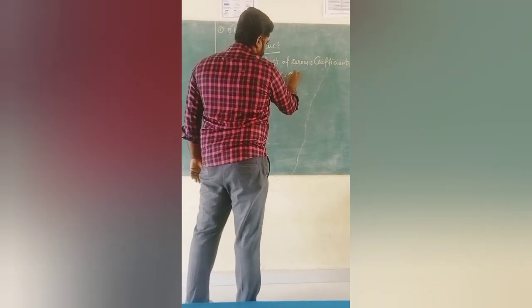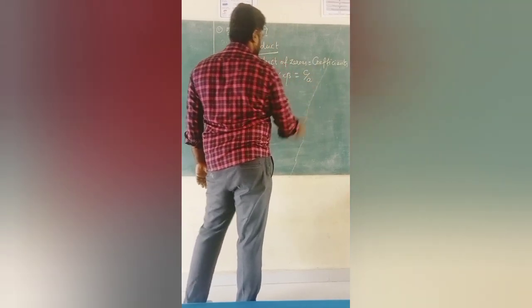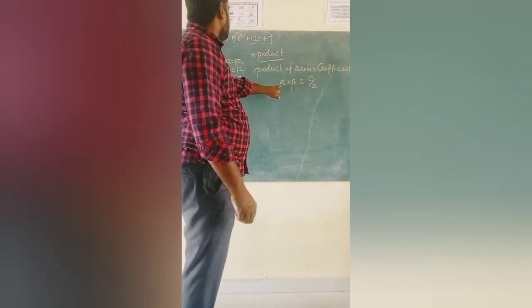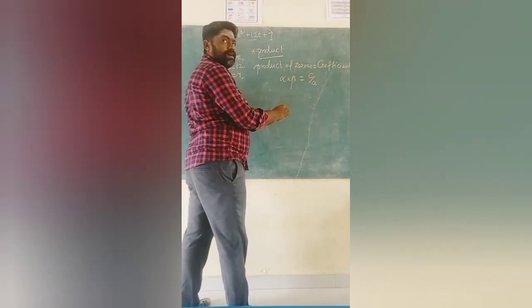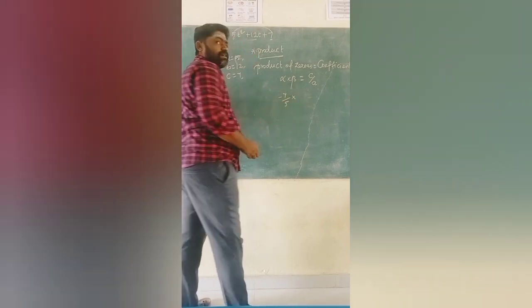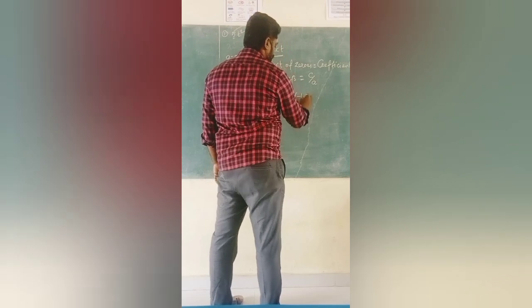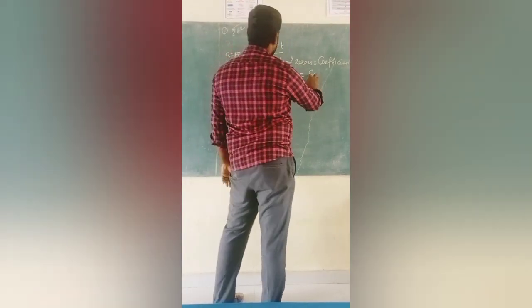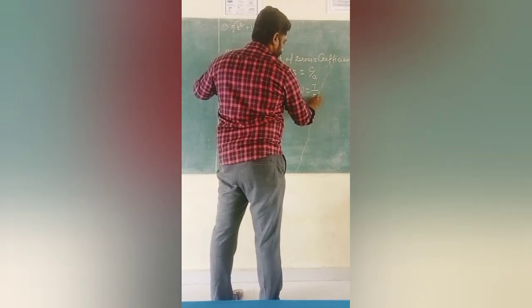Alpha into beta, and it is equal to c by a. Very good. So what is the alpha value? Alpha value is minus 7 by 5 into beta value minus 1. It is equal to c by a: c value is 7, a value is 5.